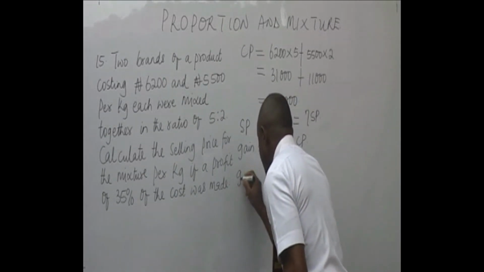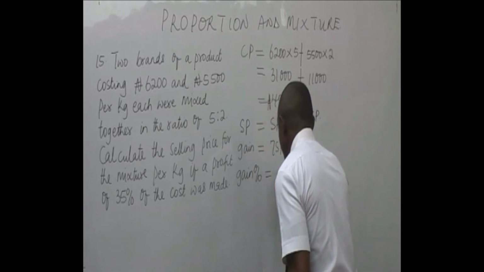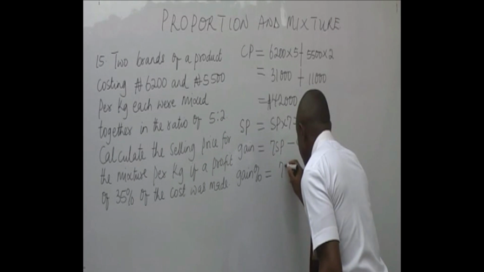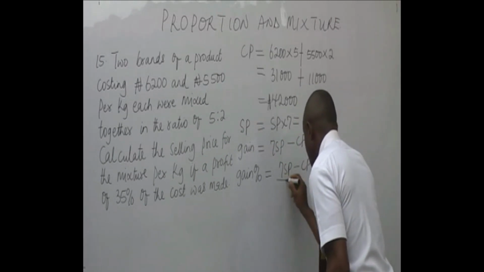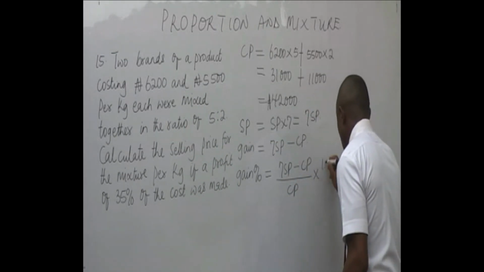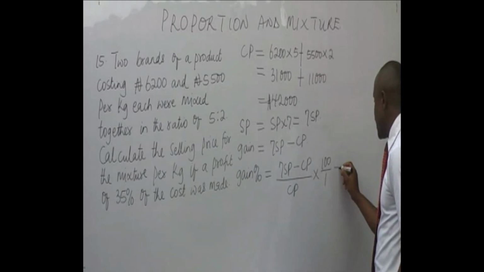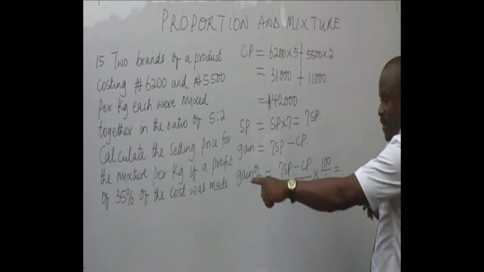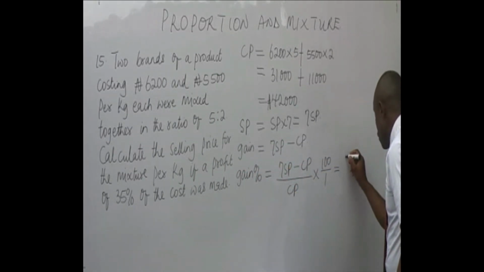So the gain percent is equal to SP minus cost price all over cost price times 100 all over 1. And the value they gave us for it is 35%. So we are going to equate what you have here now to 35.